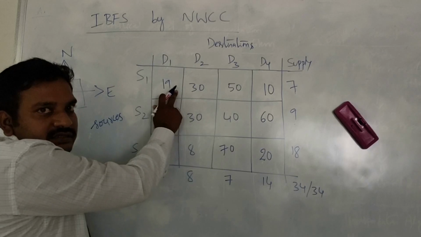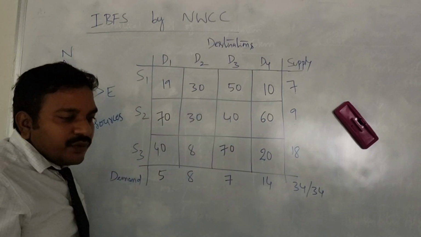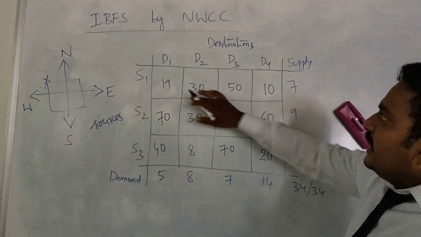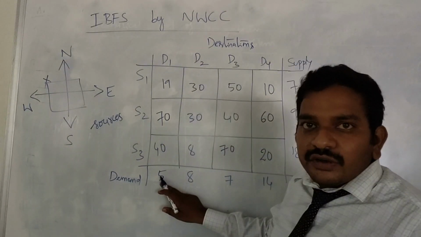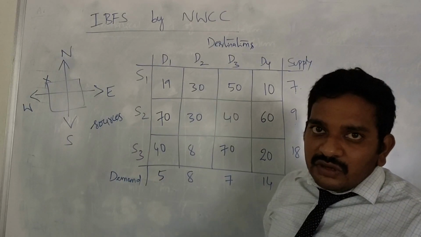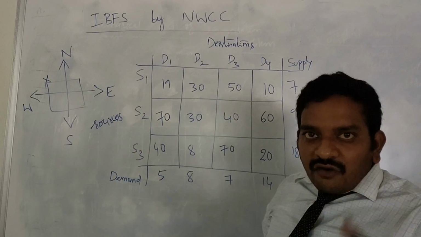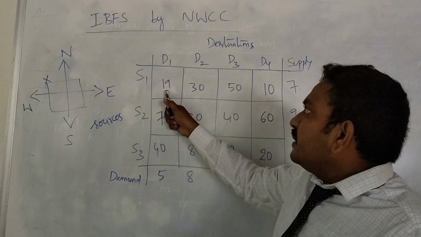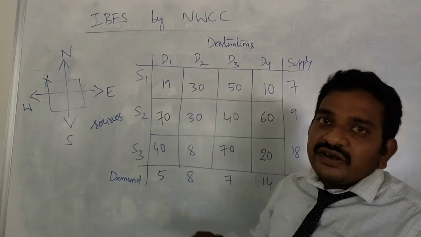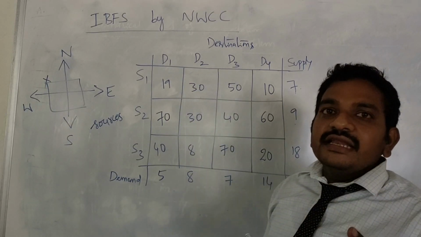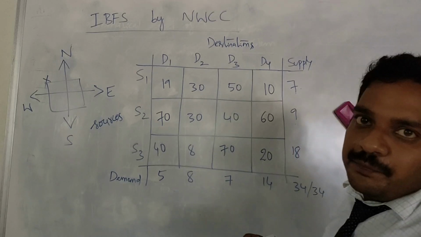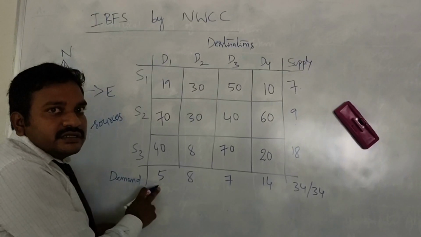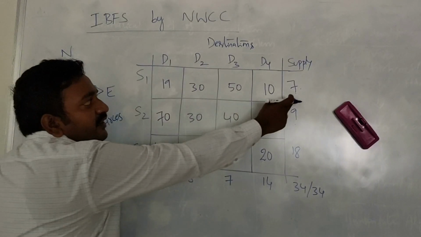S1, D1. Let me explain about S1, D1. S1 has a capacity of 7 units. D1 has a requirement of 5 units. So it is possible to transfer the required units from S1 to D1. This 19 means the cost of transporting one single unit from S1 to D1. So we see this allocation process. D1 requires 5 units, but S1 can transport 7 units.